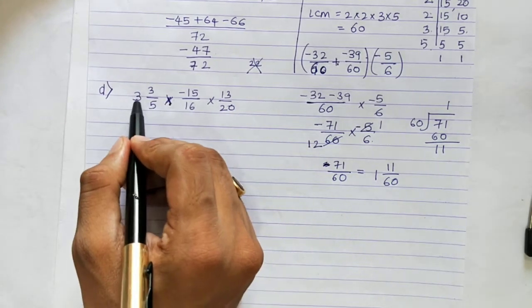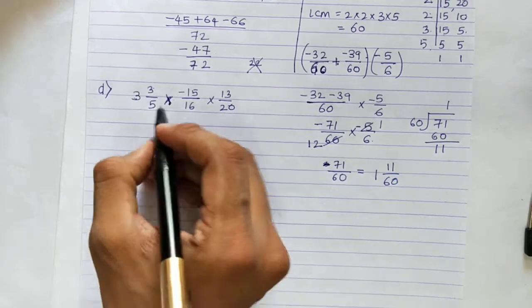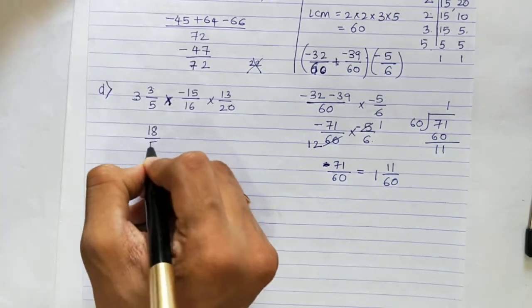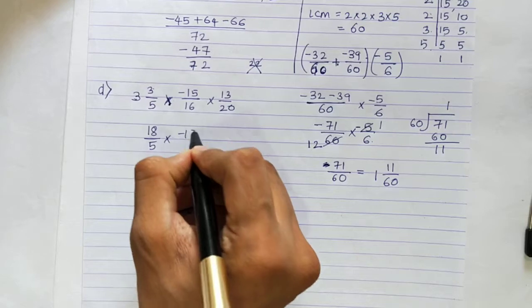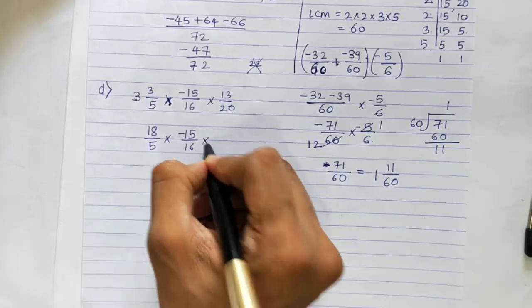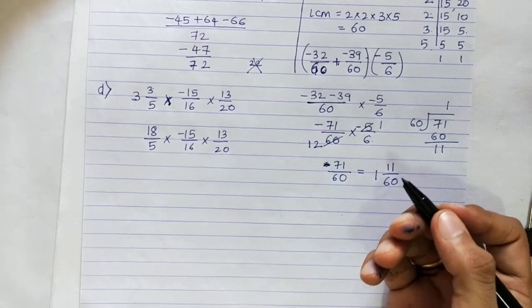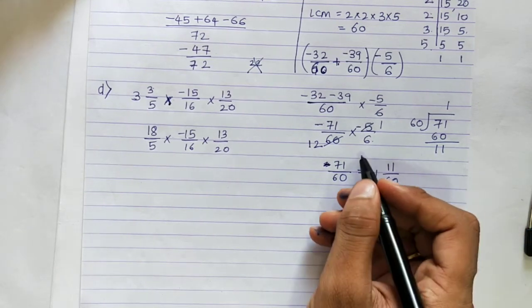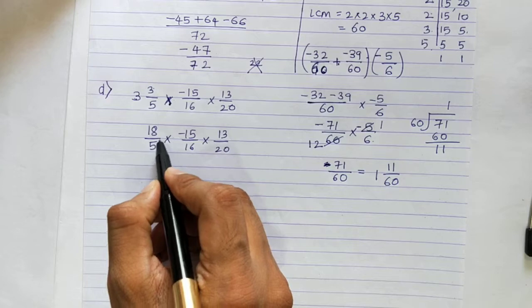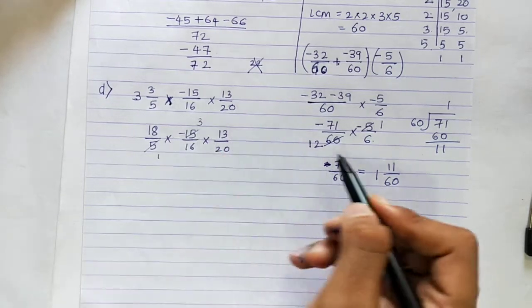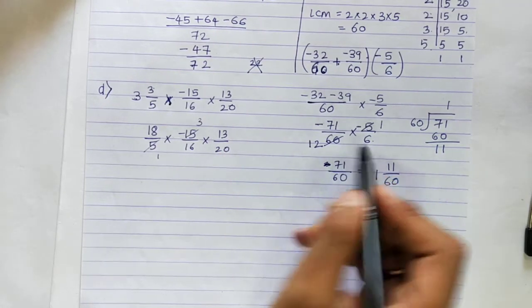5 3s are 15. 15 plus 3 is 18. So 18 upon 5 into minus 15 upon 16 into 13 upon 20. We'll make cancellations. So here, see, 5 1s are 5, 3s are 15, correct?